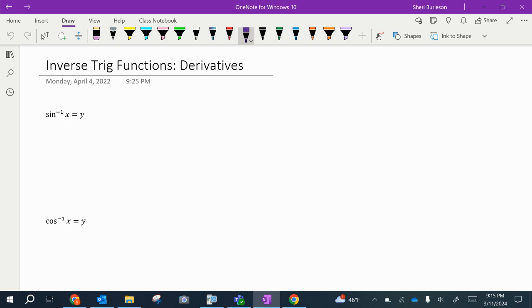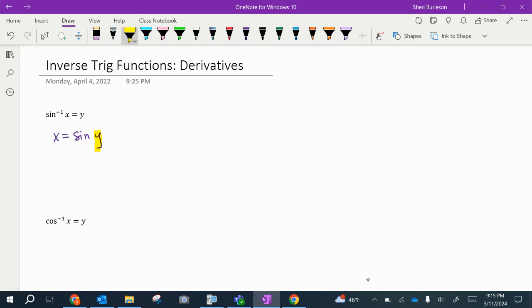So inverse sine of x equals y, that is an inverse function. So that means that x is equal to the sine of y. So remember, we take trig functions of angles.